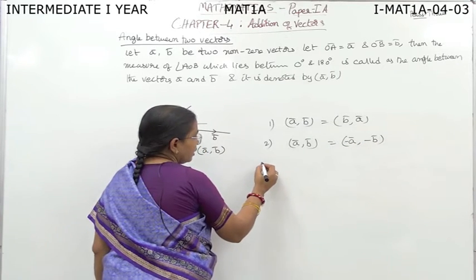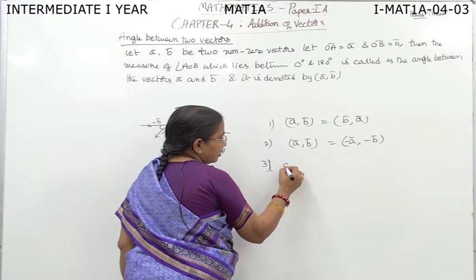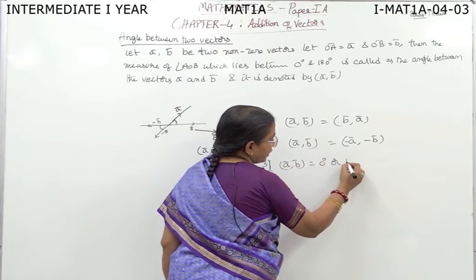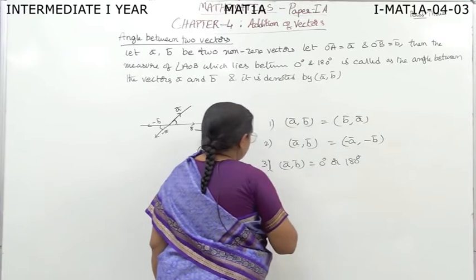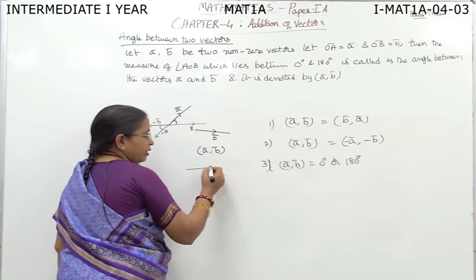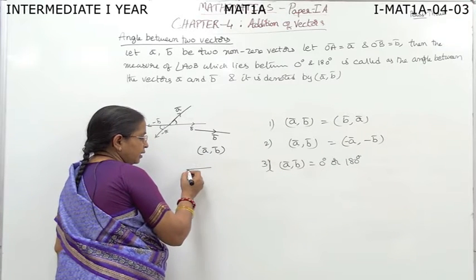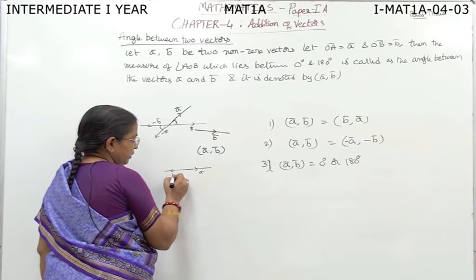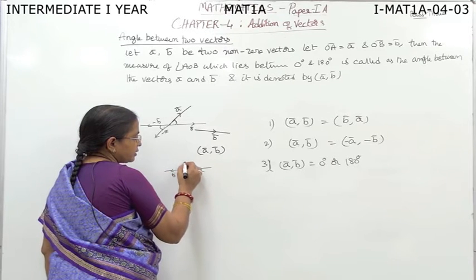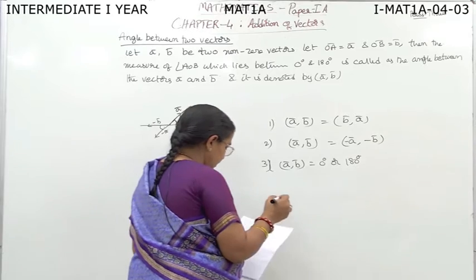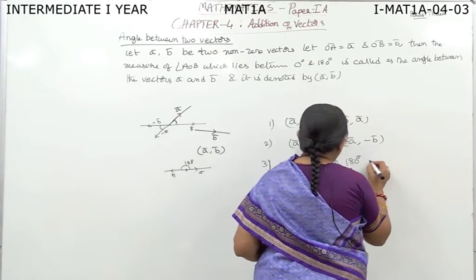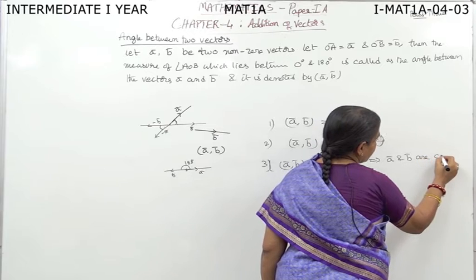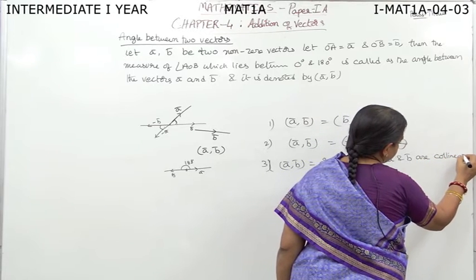Suppose that the angle between A and B is 0 degrees or 180 degrees. That means they coincide, or A is in this direction and B is in the opposite direction. Then we say that A and B are collinear vectors or parallel vectors.